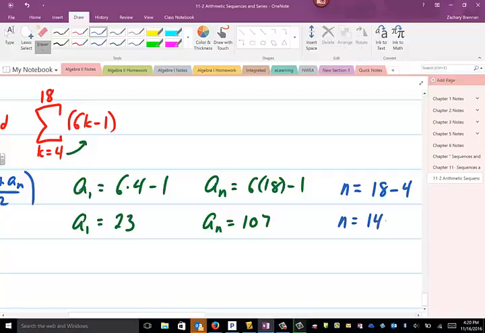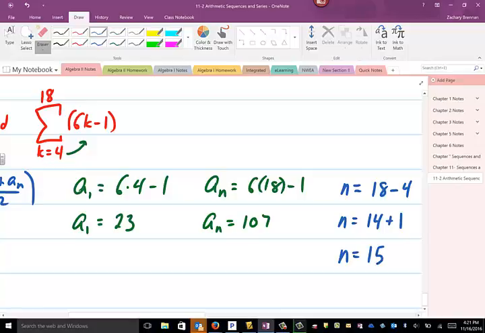Except it's not really. When you take 18 minus 4, you're taking out the numbers 1, 2, 3, and 4. And so you're really only left with 5 through 18. But notice I wanted to start with 4. I wanted that included. So if I subtracted that out, I only have 14 terms. I need to add that first one back in, so n is really 15.